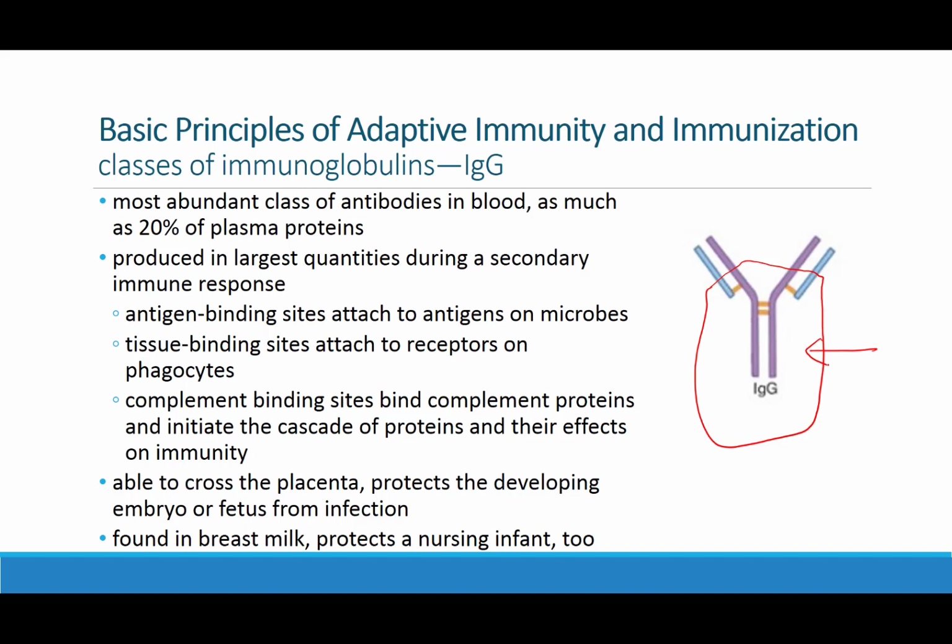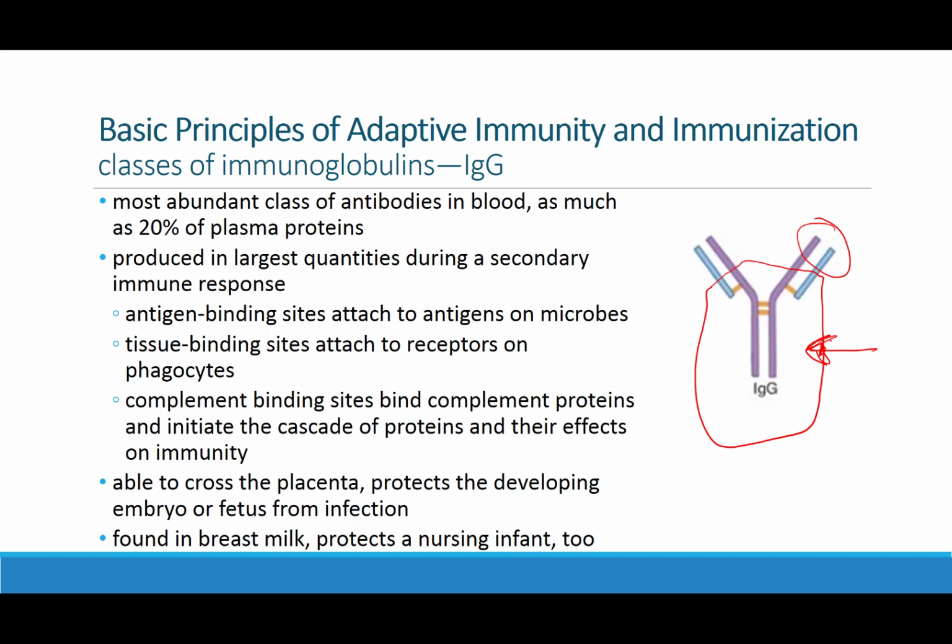So the antigen binding sites, that's this region here, the variable region, they attach to antigens on microbes, and the tissue binding site, the constant region here, attaches to receptors that are found on phagocytes.